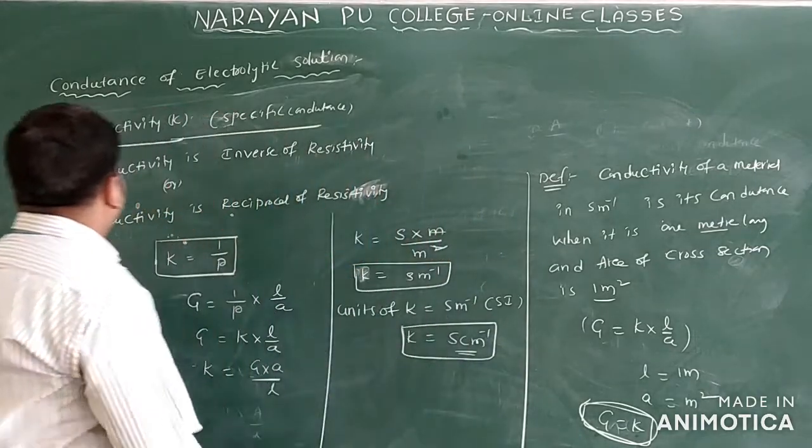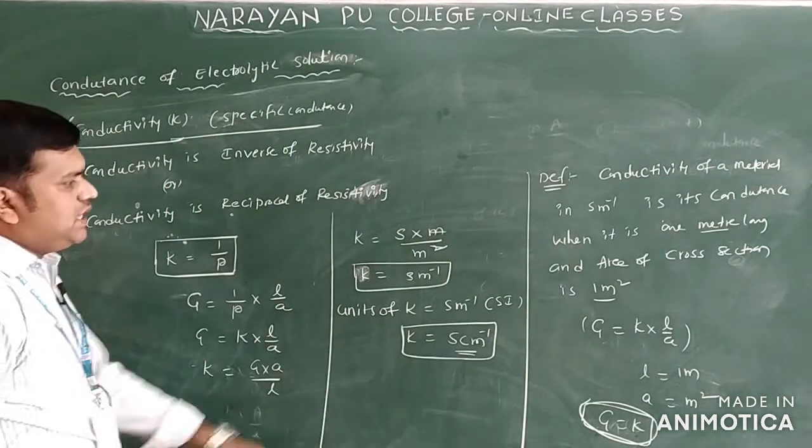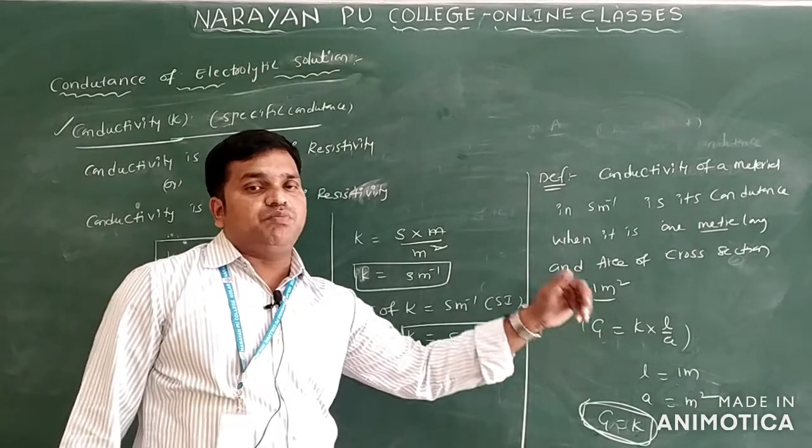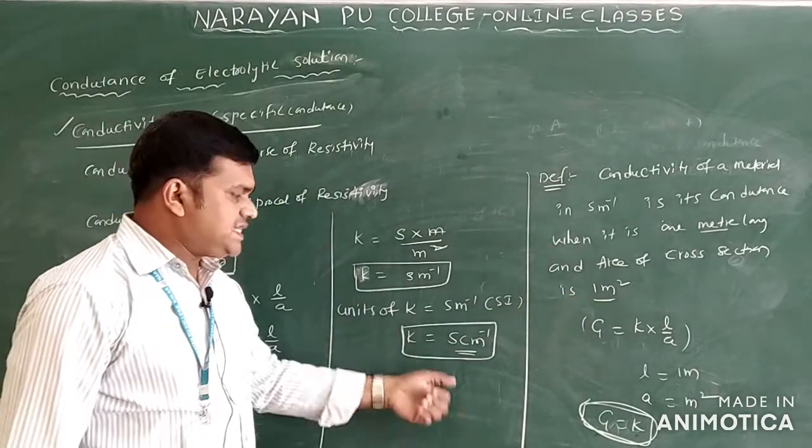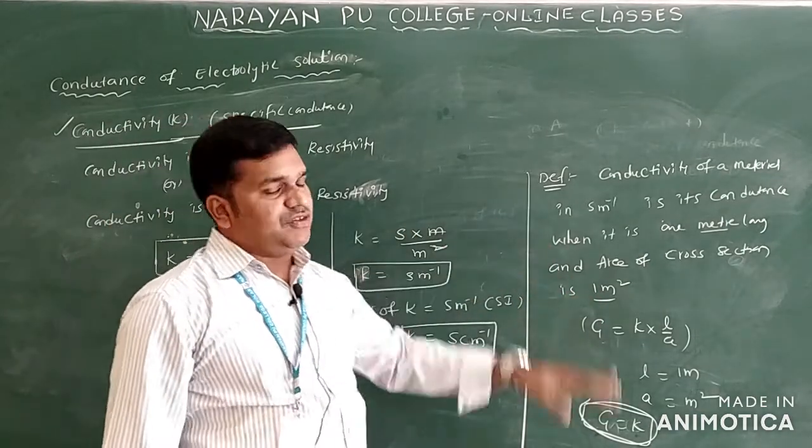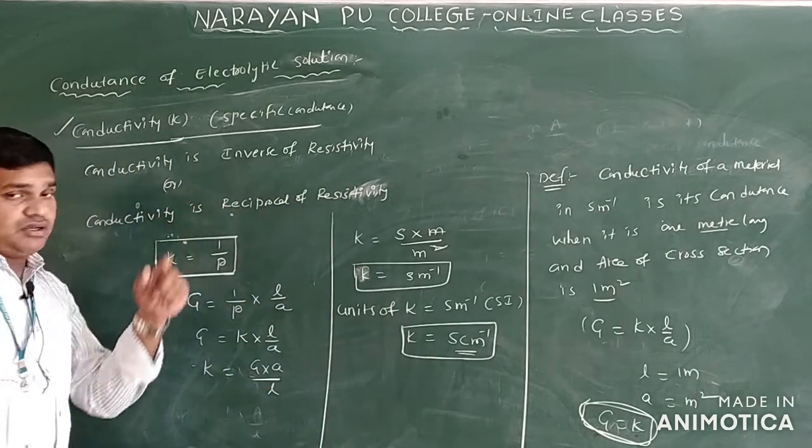The units are Siemens meter inverse in SI, but generally we use Siemens centimeter inverse. This is the definition of conductivity or specific conductance.